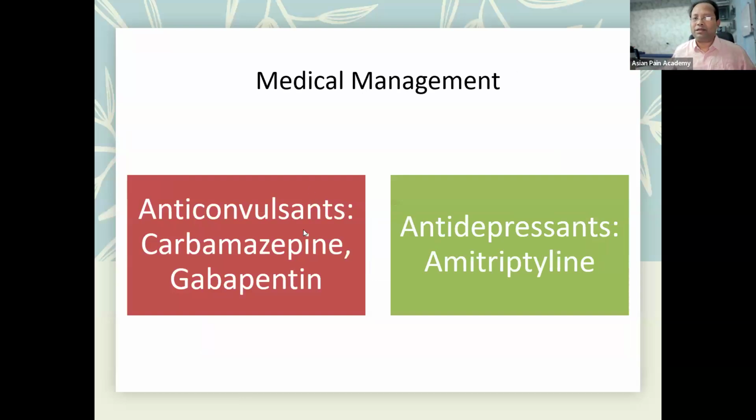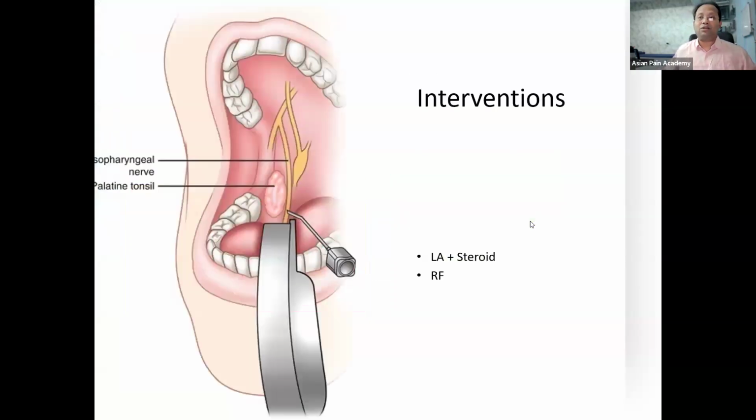Then medical management, it is similar for all: anticonvulsants like carbamazepine, gabapentin, pregabalin, so all those drugs. Antidepressants like amitriptyline, nortriptyline, duloxetine, so all these drugs, same as for neuropathic treatment. Okay, if medical treatment fails, then we can go for intervention.